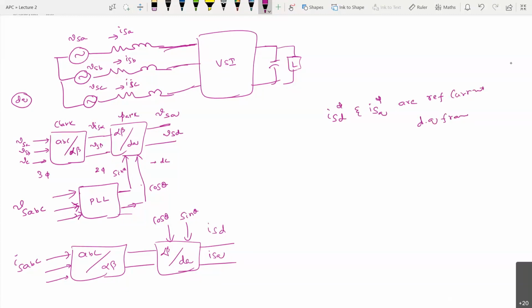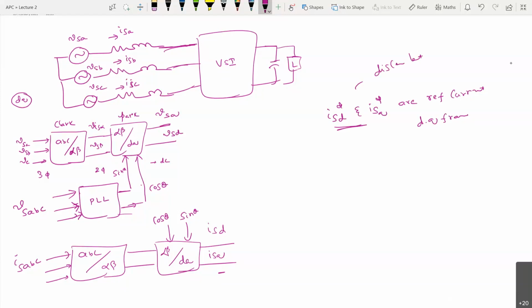How these reference currents are actually generated we will discuss later. So these are the actual currents in the DQ reference frame and these are the reference currents in the DQ reference frame. Is it clear?